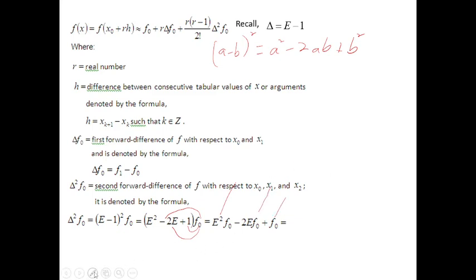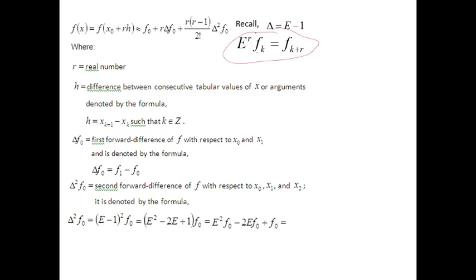And also, recalling another formula, the shift of the function is equal to f sub k plus r. So this is the formula I have introduced before. To get rid of E, you add r to k.